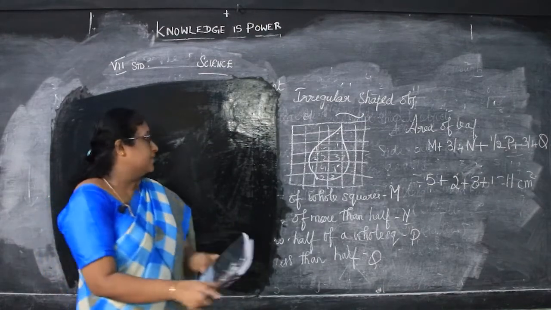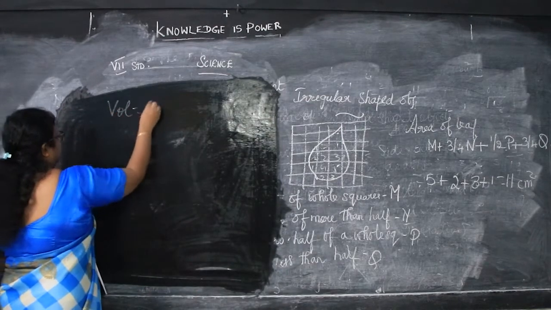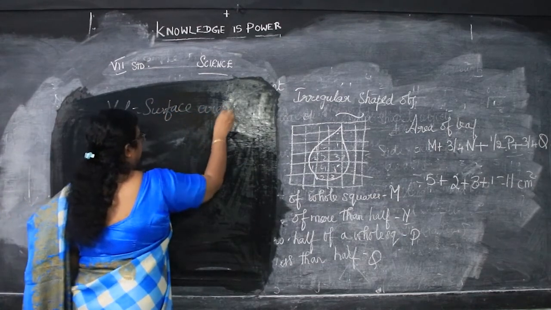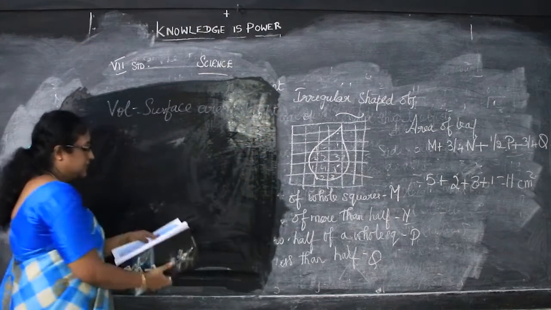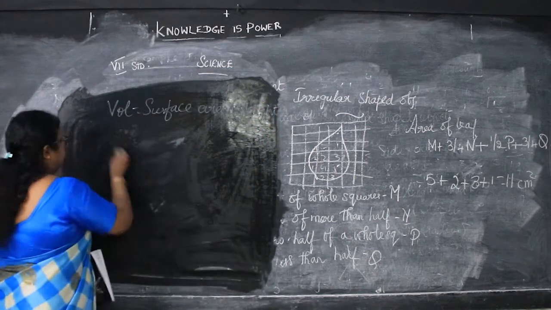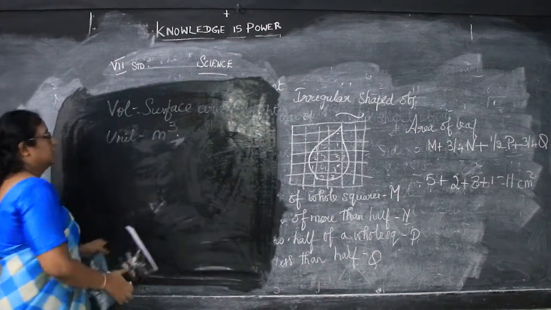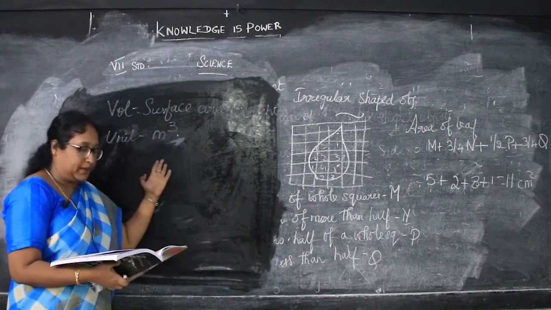Now volume is surface area into height, and the unit for this is cubic meter.